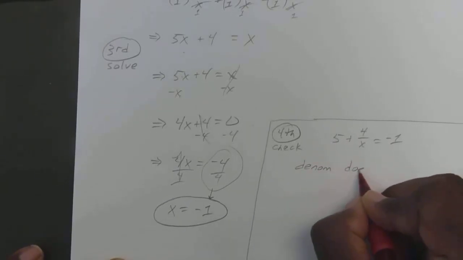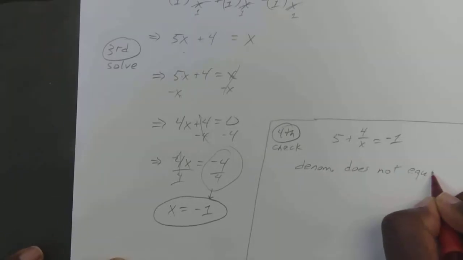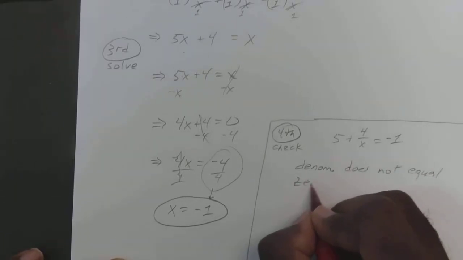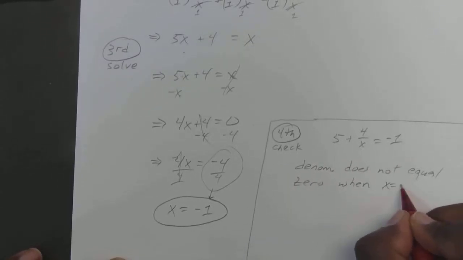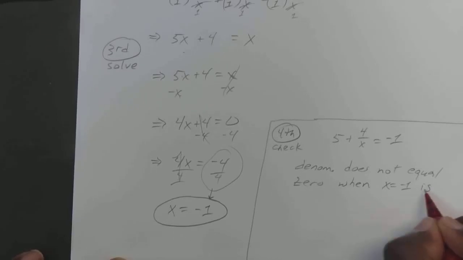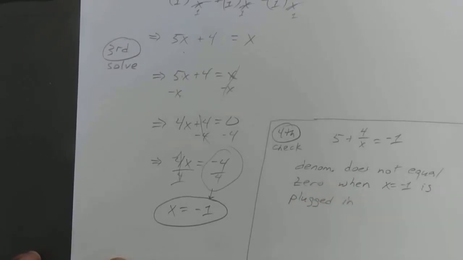Denominator does not equal 0 when x equals negative 1 is plugged in. So that means x equal to negative 1 is a solution.